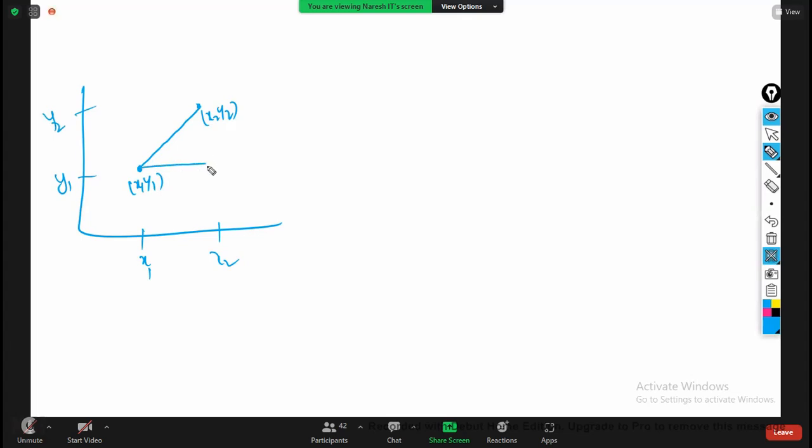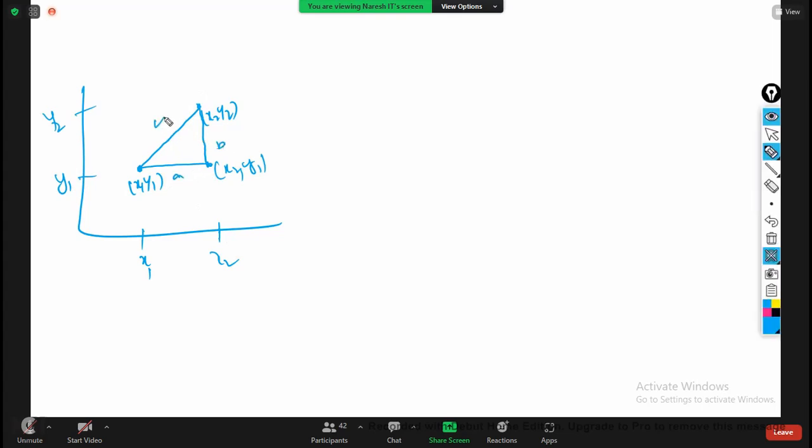What would be this point? x2 comma y1. Is that clear? Now it is forming a right angle triangle, with sides A, B and C.